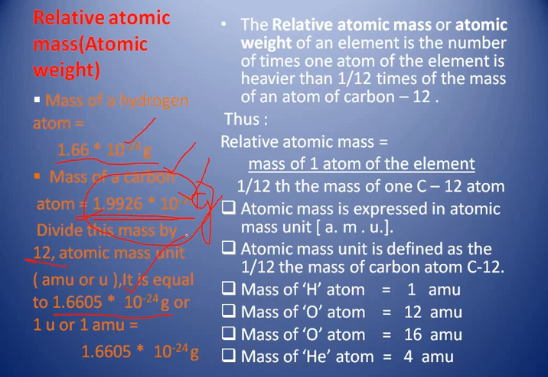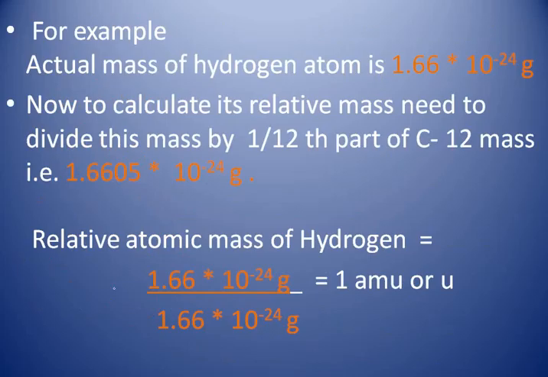The new value is 1.6605 into 10 raised to power minus 24 gram, and this is the atomic mass unit we have. With the help of this atomic mass unit, you can calculate the atomic masses of the other elements. For example, the actual mass of a hydrogen atom is 1.66 into 10 raised to power minus 24 gram, right?